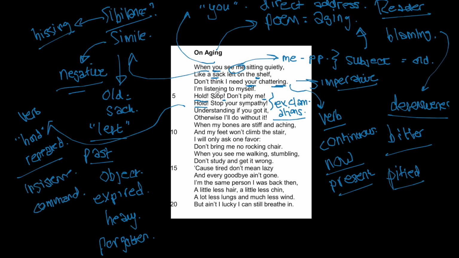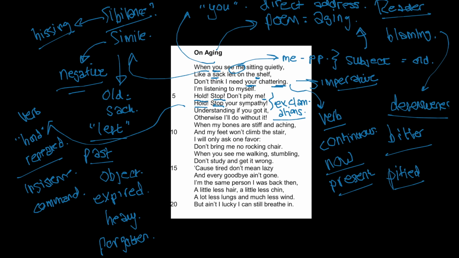Stop your sympathy. Again, this repetition of the verb stop. Stop your sympathy. So understanding if you got it, otherwise I'll do without it. So again, there's a sense that the speaker is saying, if you understand my position, then that's fine, but otherwise I don't need your pity.